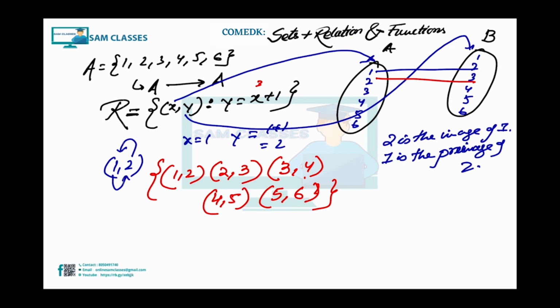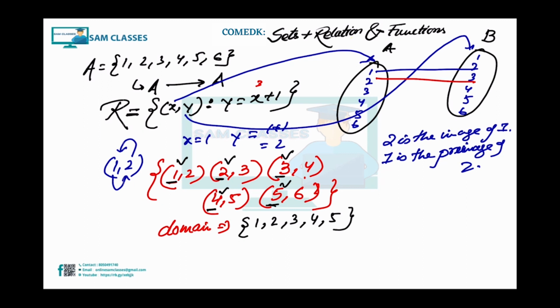Now we need to write down what the domain is. Just now we said the elements which are coming from the first set. So what are the domain elements here? 1, 2, 3, 4 and 5. For this relation, the elements from the first set, 1, 2, 3, 4 and 5, are participating in the relation.